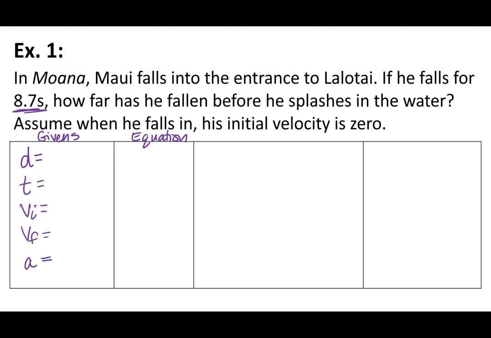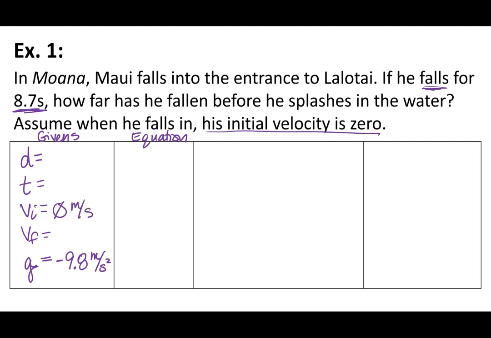Now, since he is falling, then we know A, the acceleration, is going to be acceleration due to gravity. So we always know this number, negative 9.8 meters per second squared. Now, since it didn't use exactly the word drops, I did make sure in this example that I say right here, his initial velocity is 0. And so that goes here.